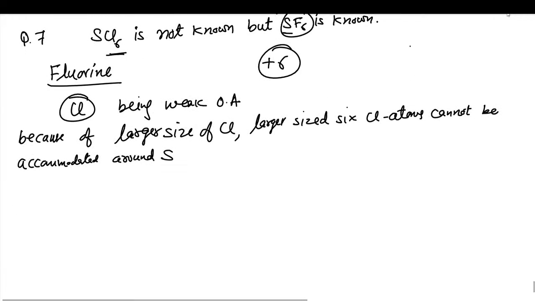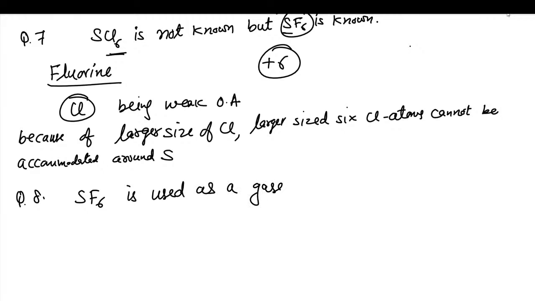Okay. Now question number 8. This is important. Sulfur hexafluoride is used as a gaseous electrical insulator. What is the reason? Why is it used as an electrical insulator? Yes, beta.